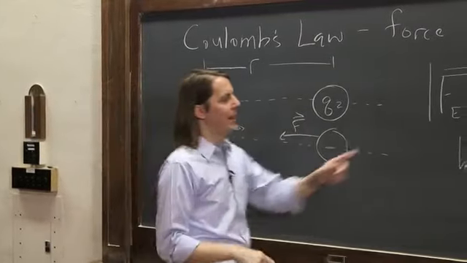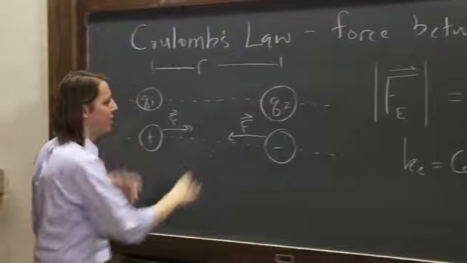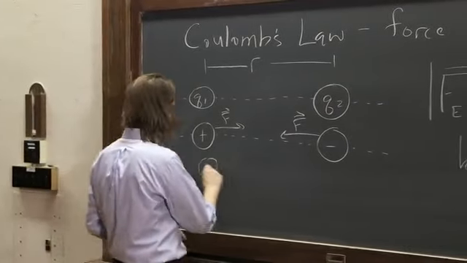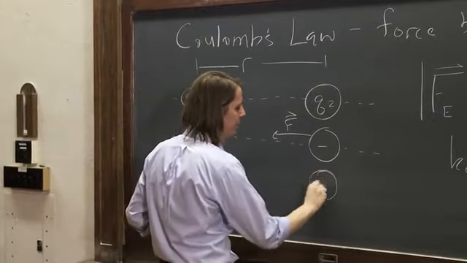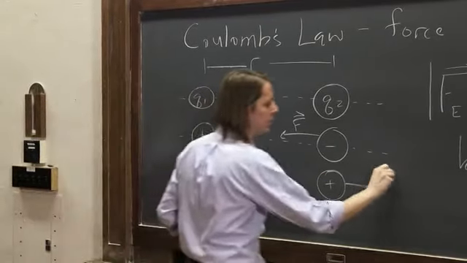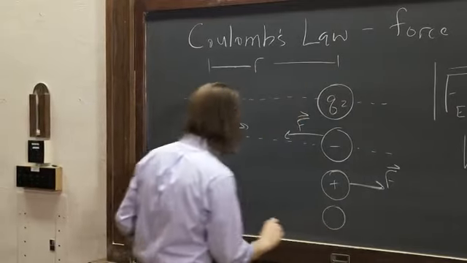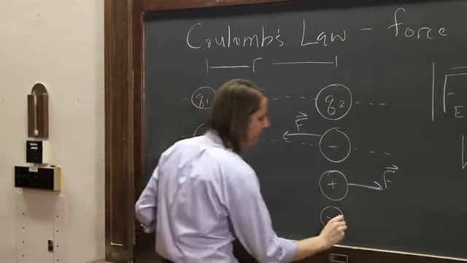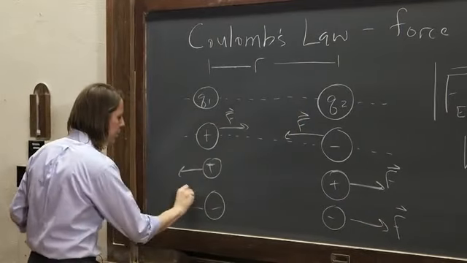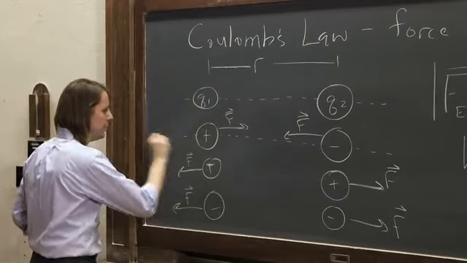So this would give you the magnitude, but you would have to rely on this knowledge to get the direction. If the charges are the same, a positive charge here and a positive charge here, then the force is repulsive. And again, even if the charges are both negative, the force is repulsive. It ain't fiction, it's a natural fact.